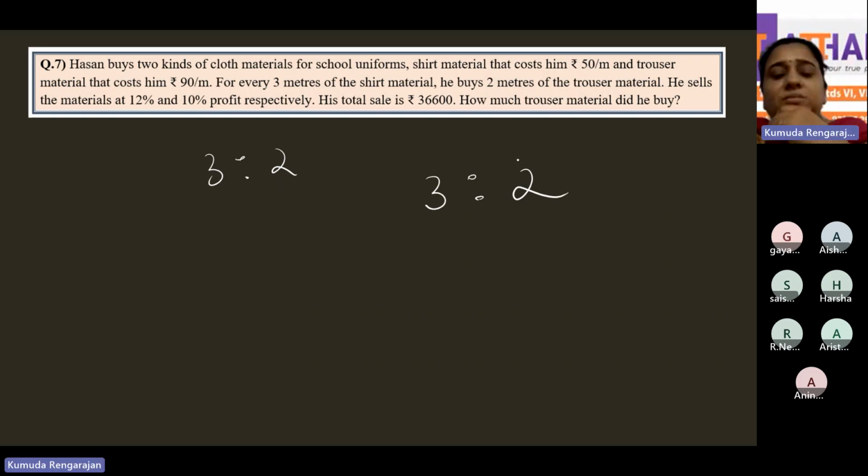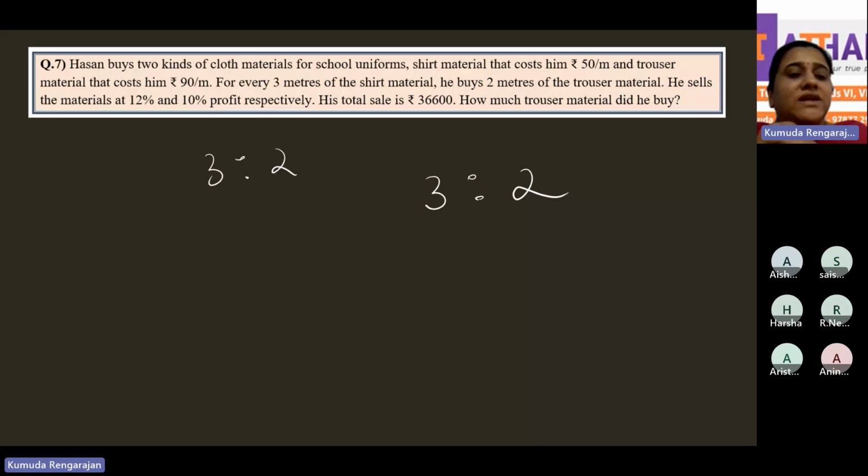He sells the materials at 12% and 10% profit respectively. His total sale is rupees 36,600. How much trouser material did he buy?